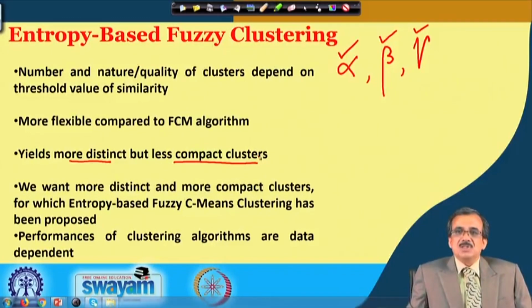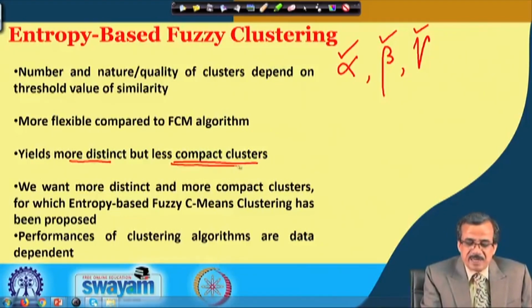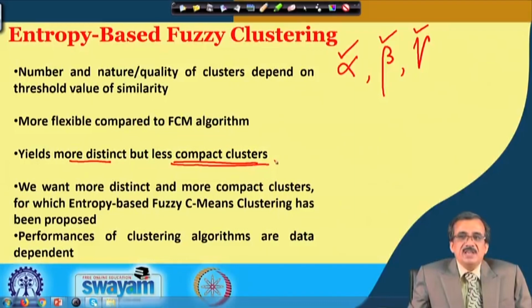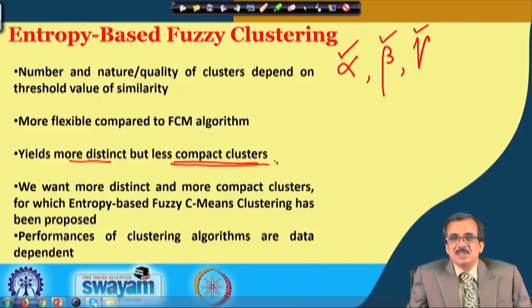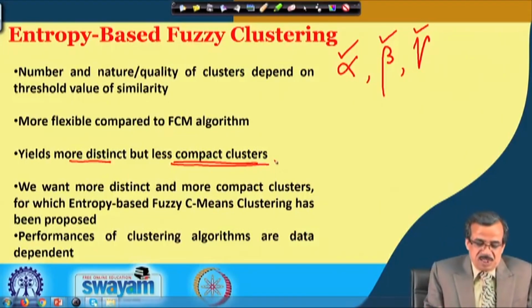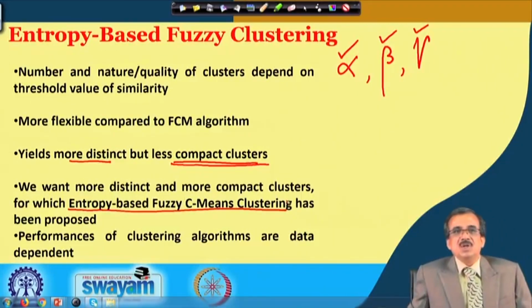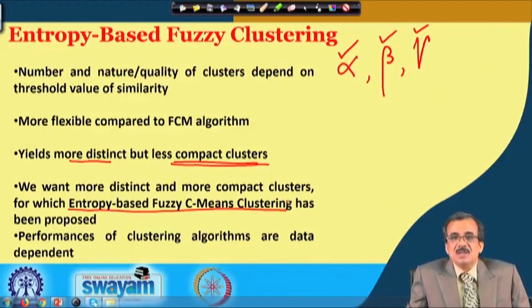Now, this algorithm is also very fast and you will be getting distinct clusters, but as I told you, we may not get very compact ones, and that is why we try to combine the merits of the fuzzy C-means algorithm and the merits of this entropy based clustering algorithm, to develop the entropy based fuzzy C-means clustering. This has been proposed by us, where we tried to consider the merits of these two algorithms and eliminate their inherent demerits.